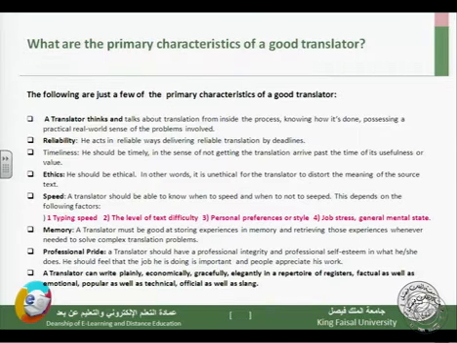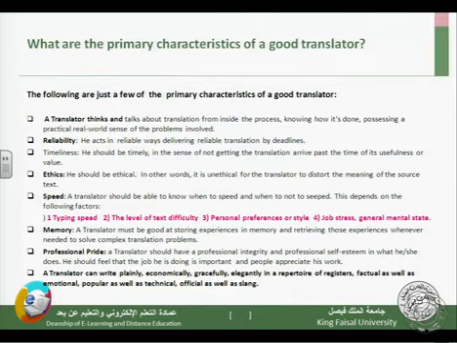Now, this is a very important point which everybody would like to have, to be characterized by, or to be called a good translator. What are the main characteristics of a good translator?